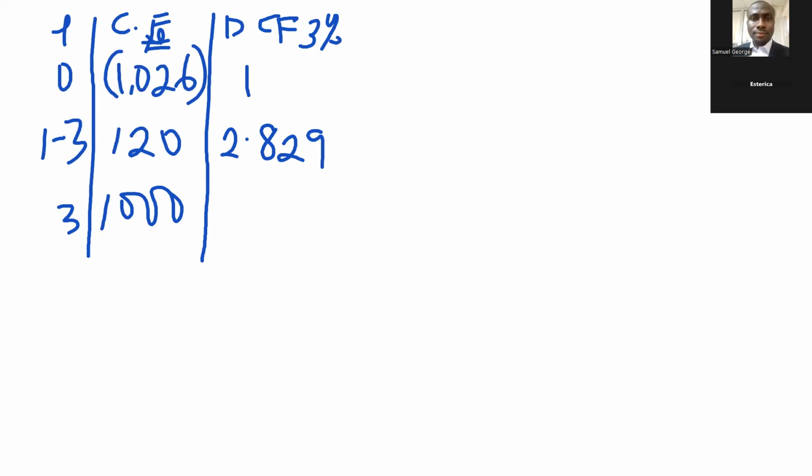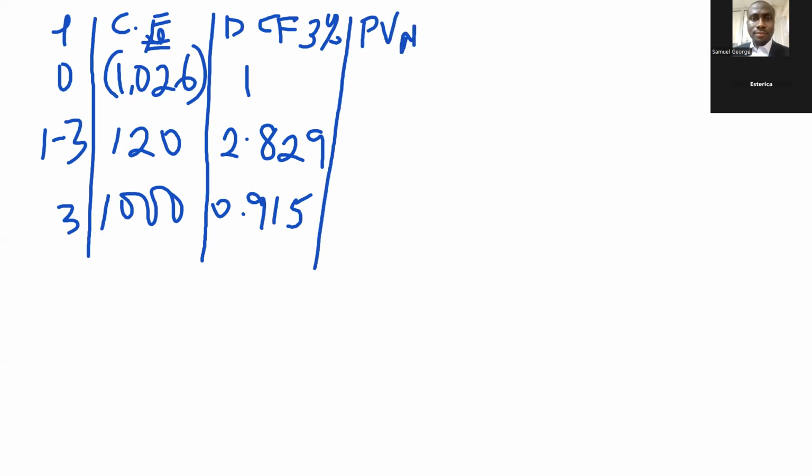Then punch your calculator: 1 plus r raised to power minus n, that is 1.03 raised to power minus 3. That is 0.915.